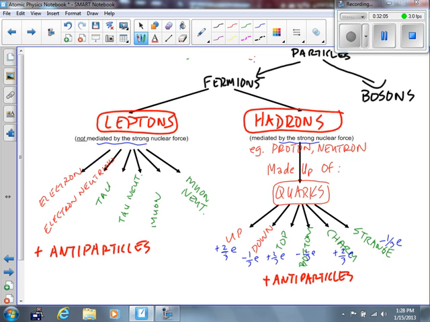So these guys would be inside the nucleus, these guys would be outside the nucleus. But don't misunderstand this. In a typical atom, we don't have a bunch of taus and muons orbiting around the atom. Okay, does that make sense? If they're in an atom, then they wouldn't be part of the nucleus. But the electron is the only lepton that's part of the typical atom.